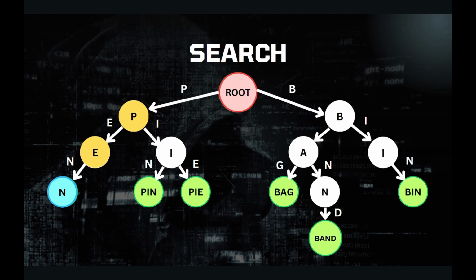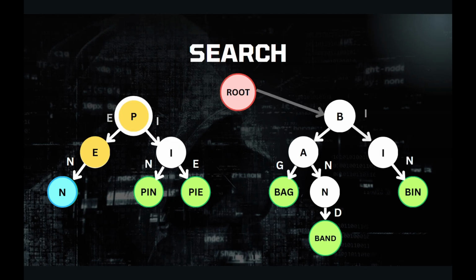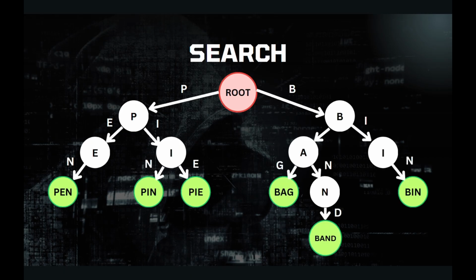So this shows that this will return true. Pen does exist. So what happens if you can't find a word? The word that you're searching for doesn't exist. Well, let's say we search for per. We go to P, E, and then we find that, okay, where's R? R doesn't exist, so this will return false.